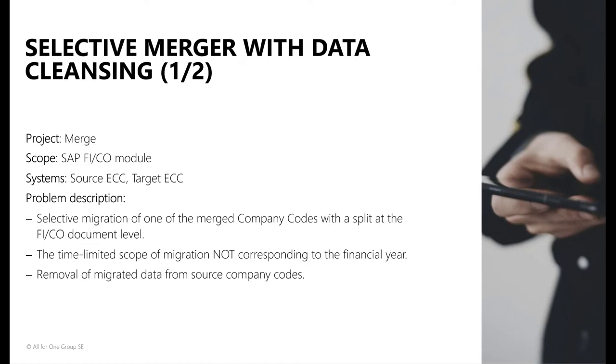And as you can see, the problem described here is that we had to select part of the data of one of the merged company codes, and we had to execute a split at the finance and controlling document level. And I think these are the most difficult projects which we can execute with the clients.